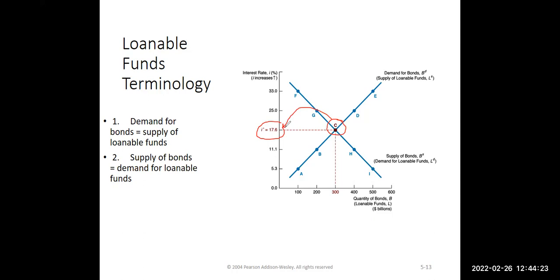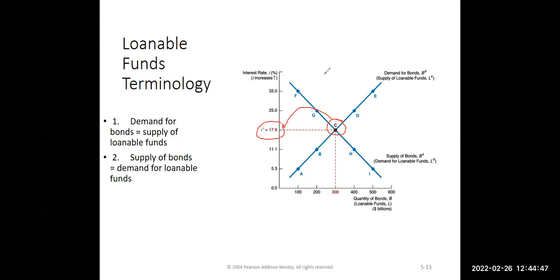We saw how the bond market's demand curve and supply curve behave, and we found the point at which demand is equal to supply. That point is where you determine the price of the bond, and if you know the equilibrium price of the bond, you can always determine the equilibrium interest rate in the market.